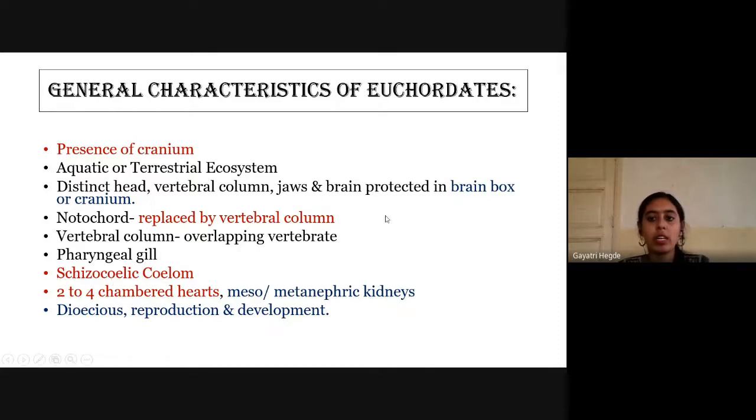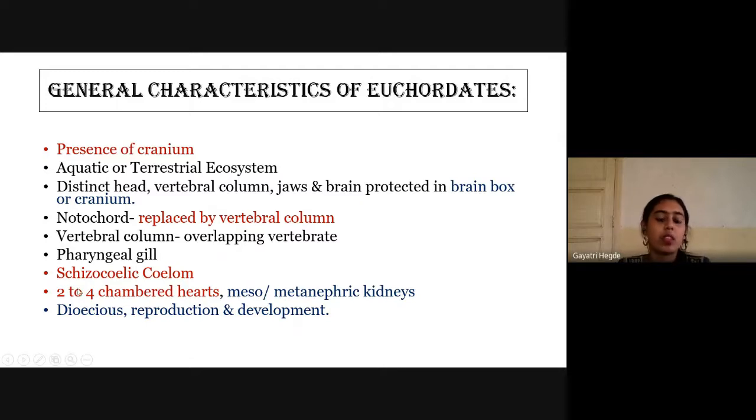Okay, you remember the three germinal layers. Some animals are diploblastic while some are triploblastic. So triploblasts have mesoderm, endoderm, ectoderm, and mesoderm is in the middle. So that mesoderm divides and a gap is created, a body cavity is created. So when the coelom is created by such a process, it is called schizocoelic coelom.